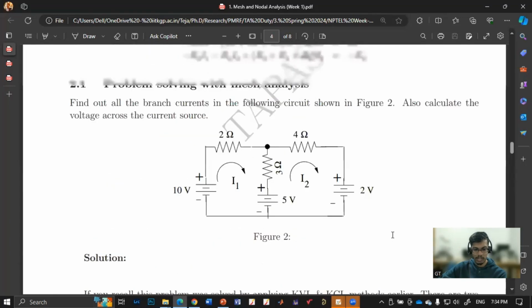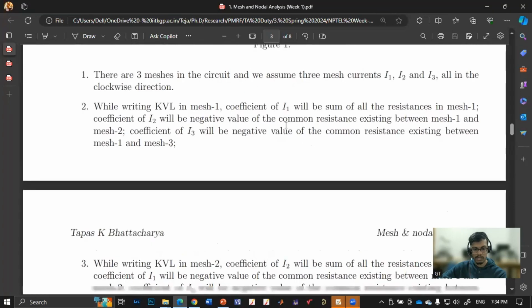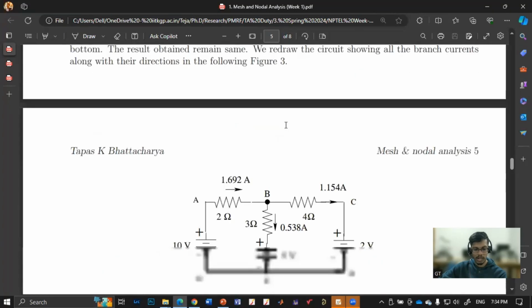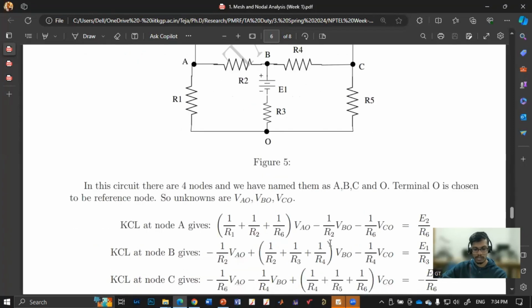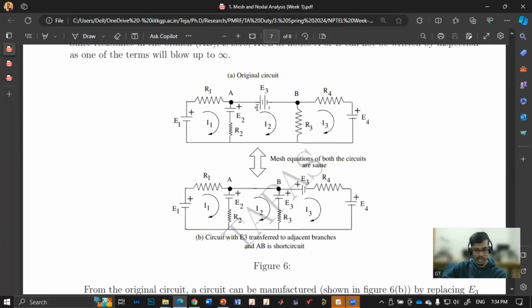In the case of mesh analysis, you will directly write the equation, whereas in nodal analysis, you write the equation and modify here and there to get the equations. But yes, there is a way to write. And if such a case exists, then either you have to transform it into a different circuit to apply KCL, or you have to think of some other ways. That's why I have not explained.